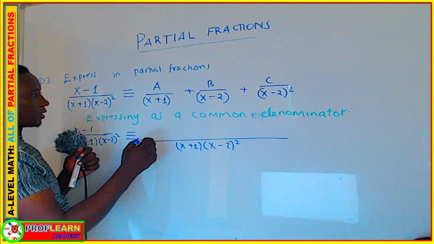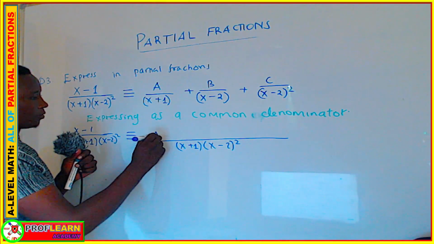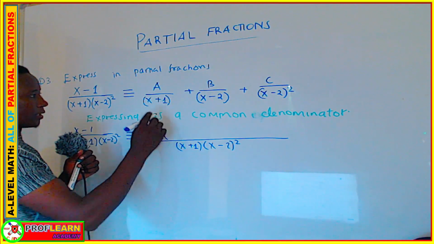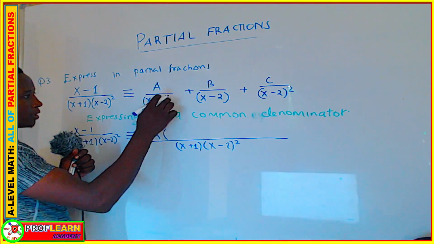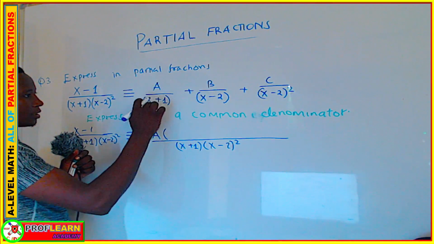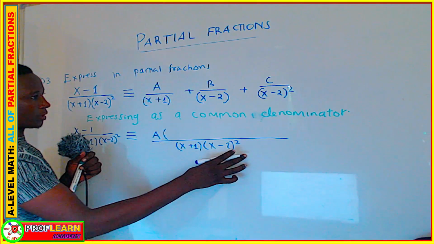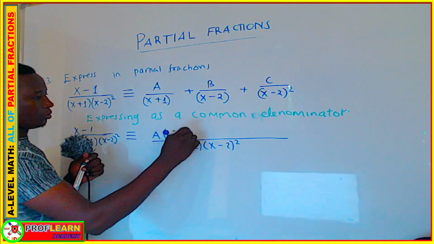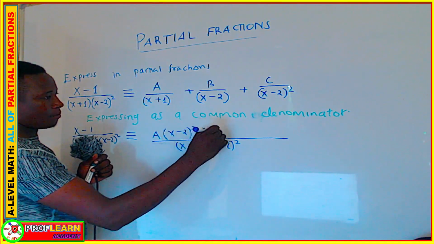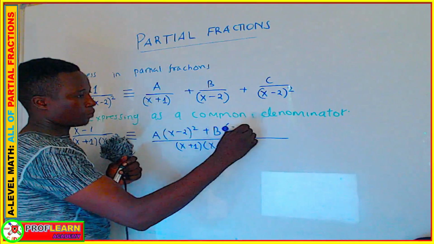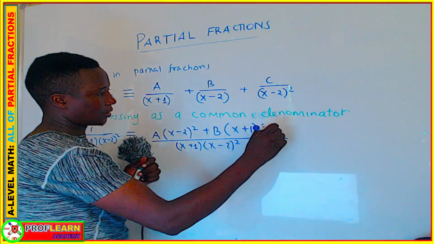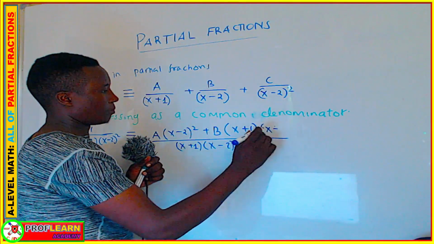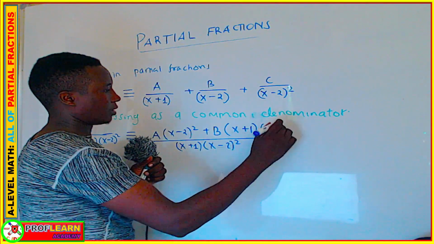So the first term a will be a into bracket. Now what do you need to multiply by this in order to get the denominator here? It's actually (x minus 2) squared, plus b into (x plus 1)(x minus 2).